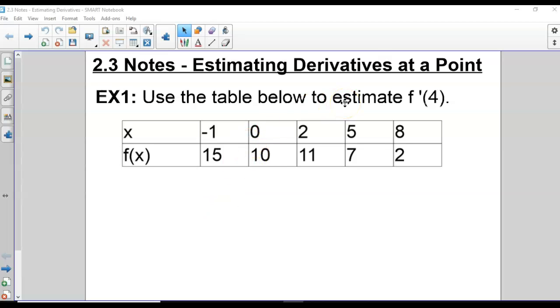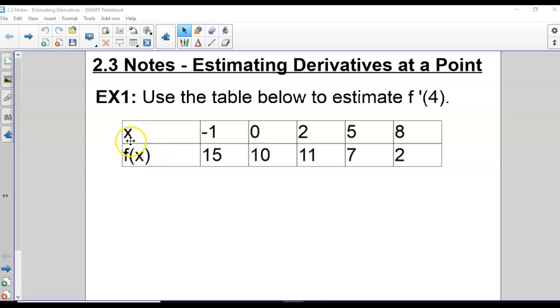There are several different ways that we will use to estimate a derivative. We already estimated derivatives in the very first part, when we were doing limits, where we were estimating speeds based on graphs. So if we're given this table and told to estimate f prime of 4, that means the derivative of f at 4.